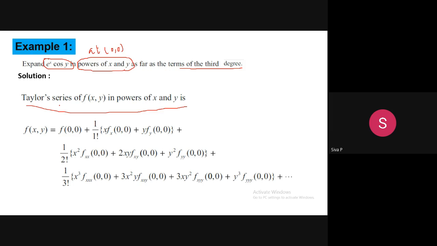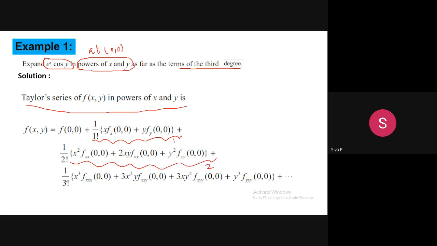The Taylor series of f(x, y) in powers of x and y is f(0, 0), this is the zeroth order, plus 1/1! times the first order, x f_x(0, 0) plus y f_y(0, 0). Then second order, 1/2! times x² f_xx(0, 0) plus 2xy f_xy(0, 0) plus y² f_yy(0, 0).